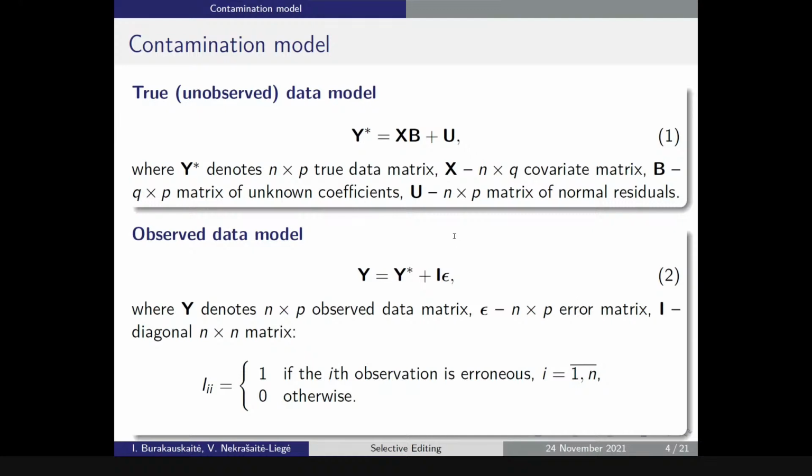Those data are not erroneous, and Formula 2 denotes the observed data model, where diagonal elements of the matrix I indicate whether the corresponding observation is erroneous or not, and the influence of this erroneous observation is then conveyed through an additional random noise, denoted as epsilon in this formula.